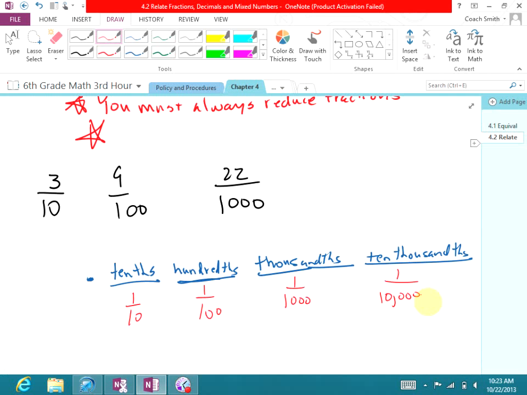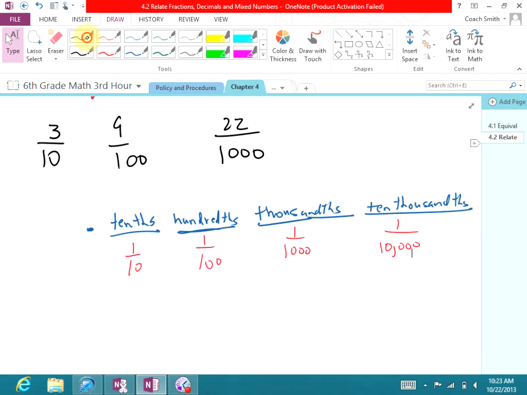Okay, so if I have the fraction 3 over 10, it would go there. 9 over 100 is in that place value. And 22 over 1,000 is in that place value.